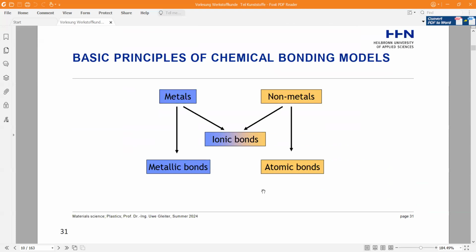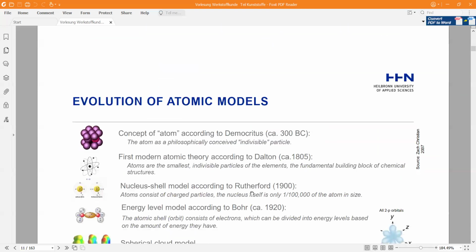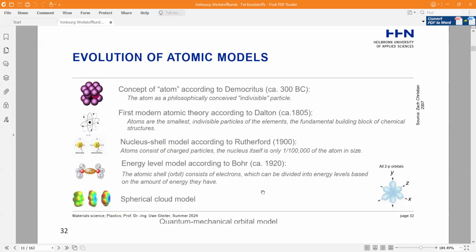The basic two groups are metals and non-metals. The definition of them is ionic bonds. The metals have metallic bonds.